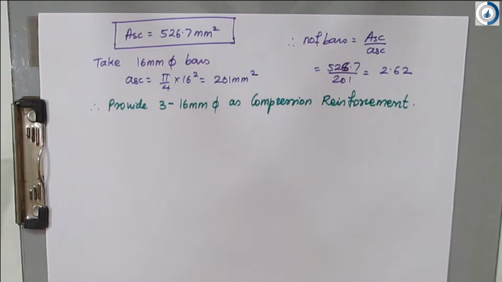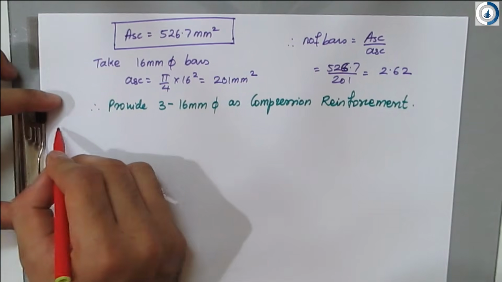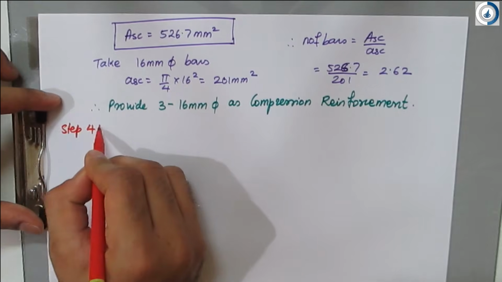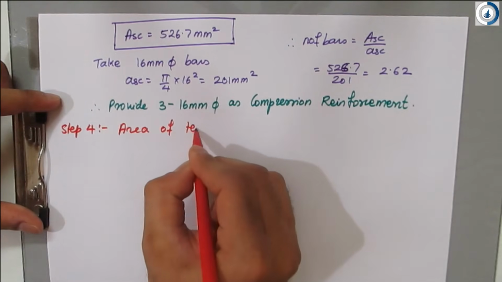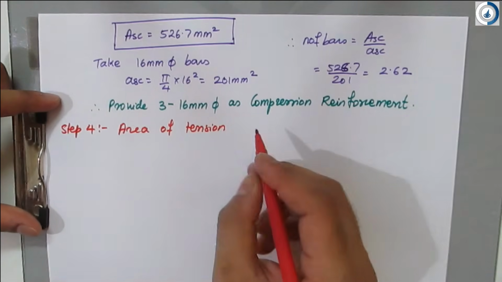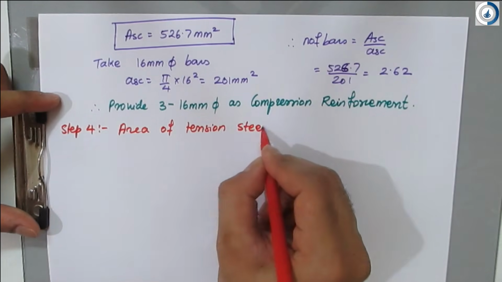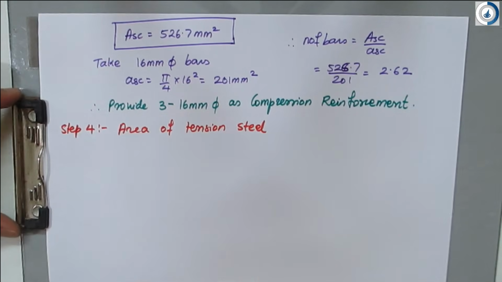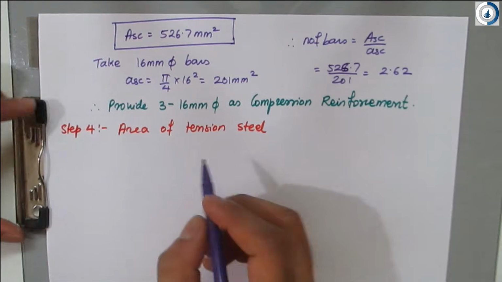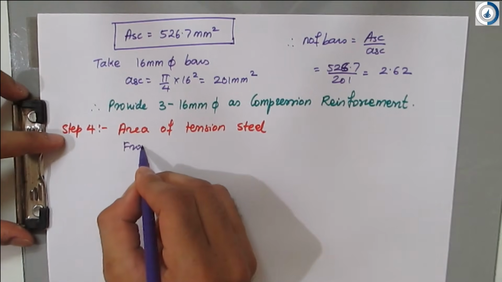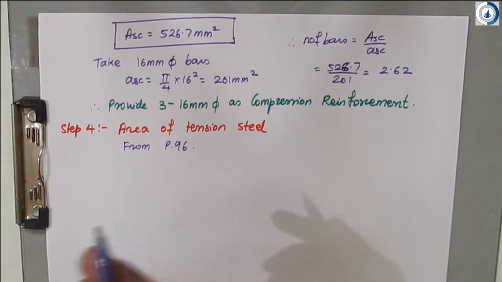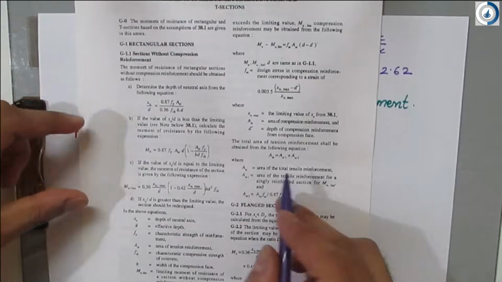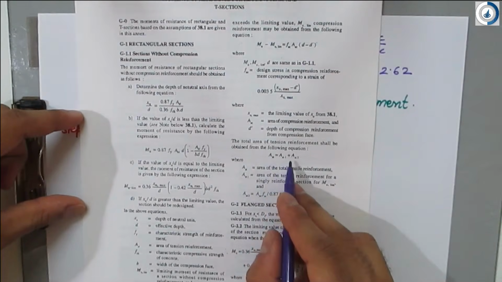So now step 4: area of tension steel. This is a little bit familiar if you have seen my video of singly reinforced beam. If you have not seen my video, I will be giving the link in the description box. From page number 96, it says AST is equal to AST1 plus AST2.